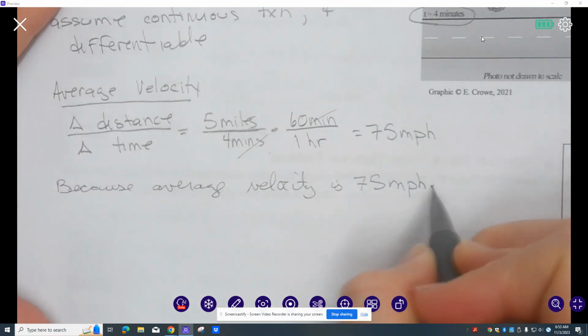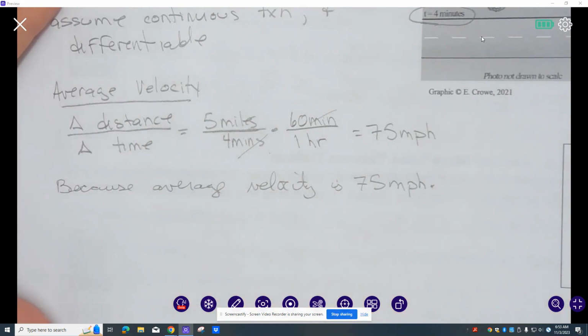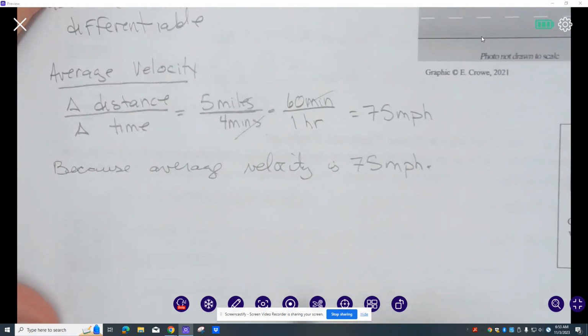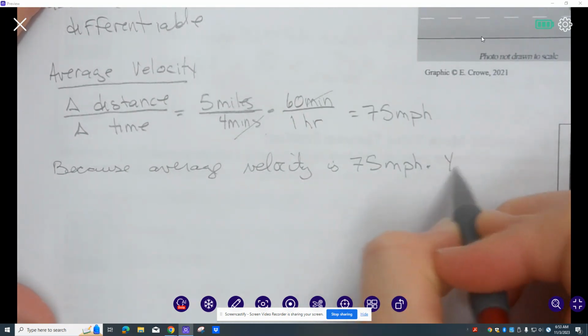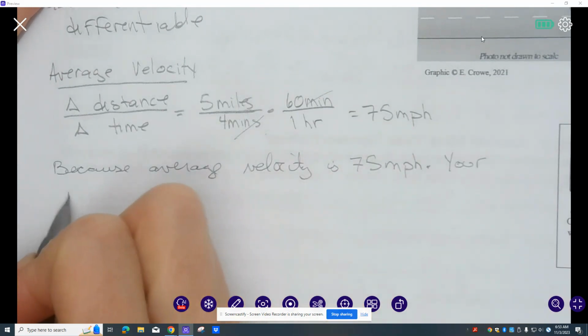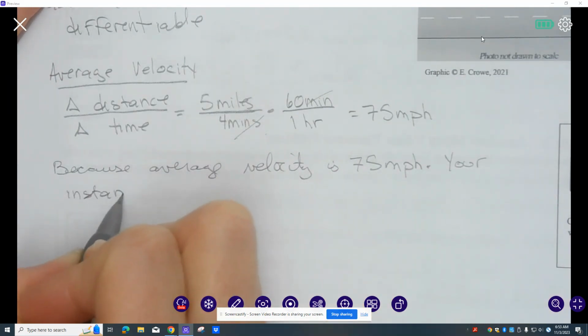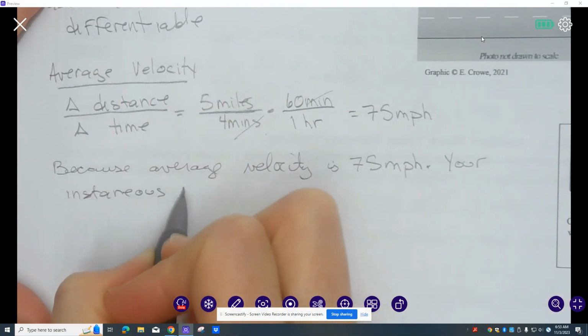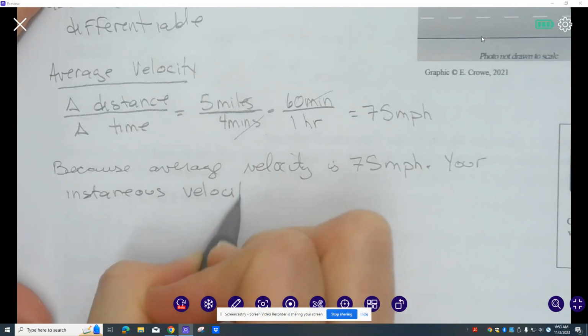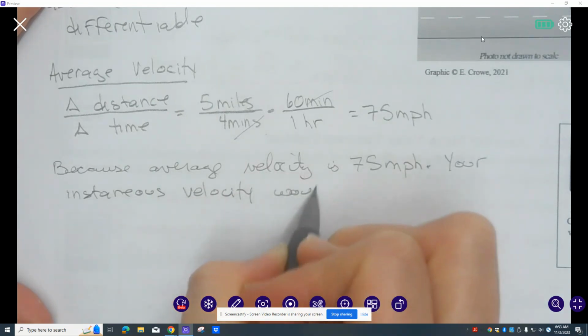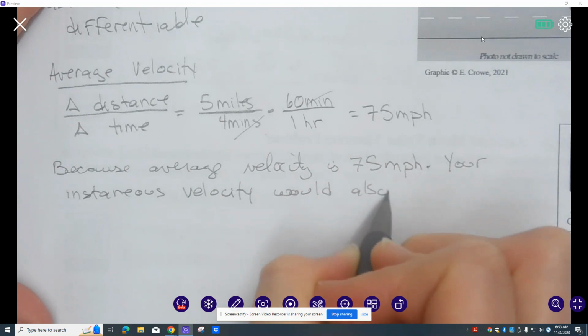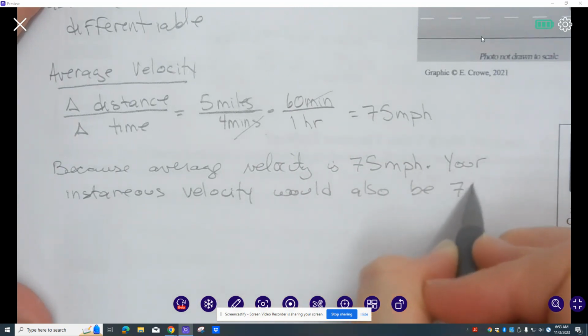So if average velocity is 75 miles per hour and the function is continuous, your instantaneous velocity would also be 75 miles per hour at some moment.